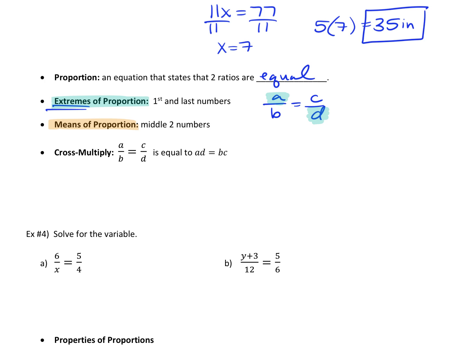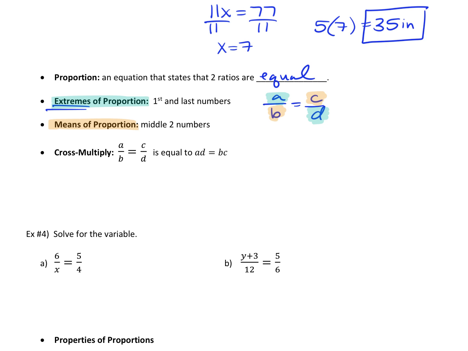If you find the mean, you find the average, right? The average is in the middle. So the means of proportion are going to be the middle 2 numbers, B and C in this situation. We don't do a ton with that, but if you ever were to see those terms, that's what they're saying. Extremes of proportion, like the extremes, right? You're either far to this side or you're far to that side. You're extreme. And then the means in the middle.